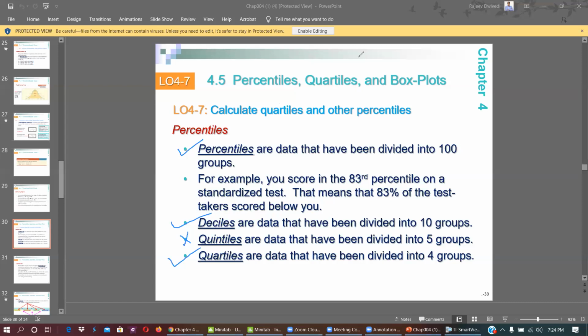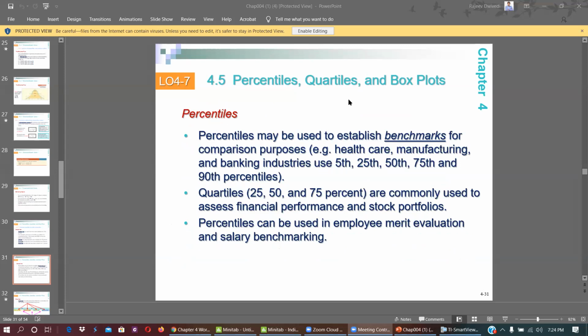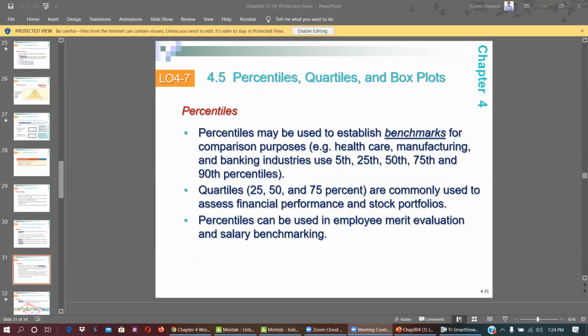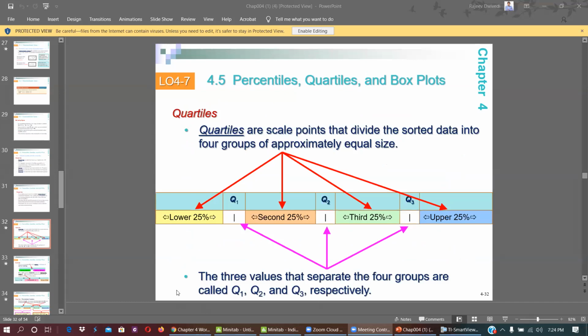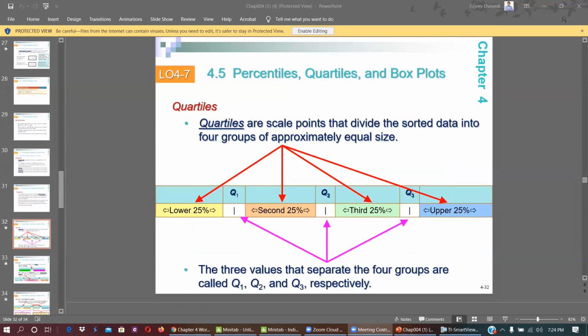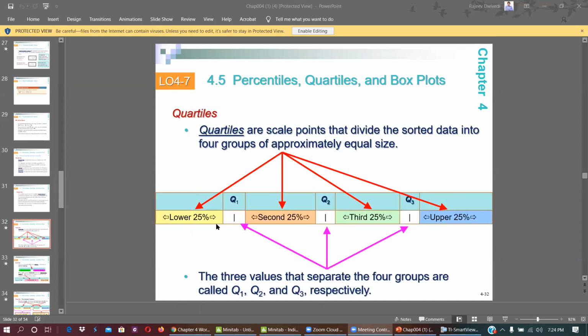Now I'm going to show you some other calculation, then we will go on. So percentile 5th, 25th. How do we do this? This is exactly what I did, so you can do that. Q1 is the boundary between the lowest 25% and second 25%.